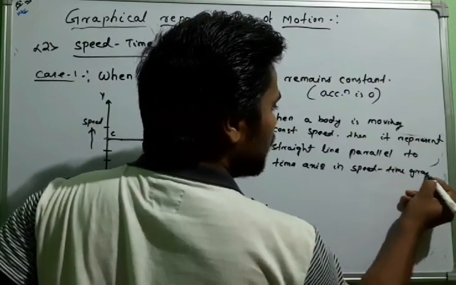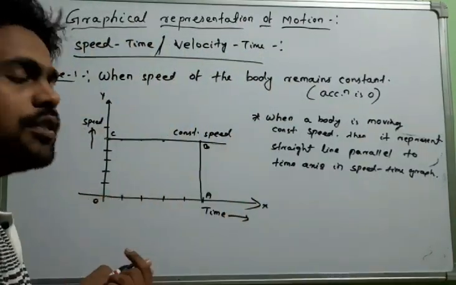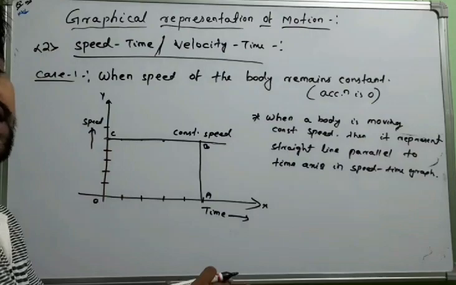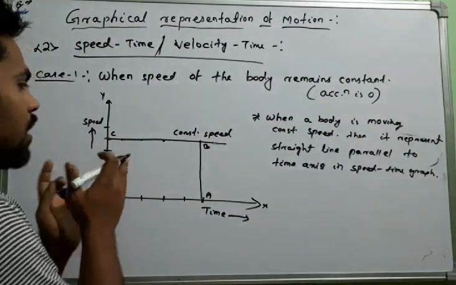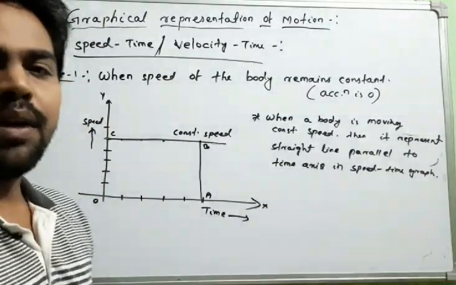If he is asking you a question, when a body is moving at constant speed, what is the graph of speed versus time? So you have to write there: the graph is a straight line parallel to the time axis.